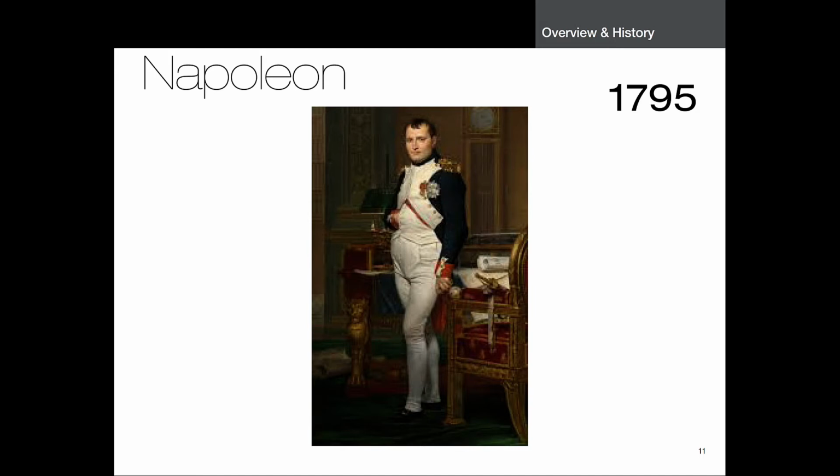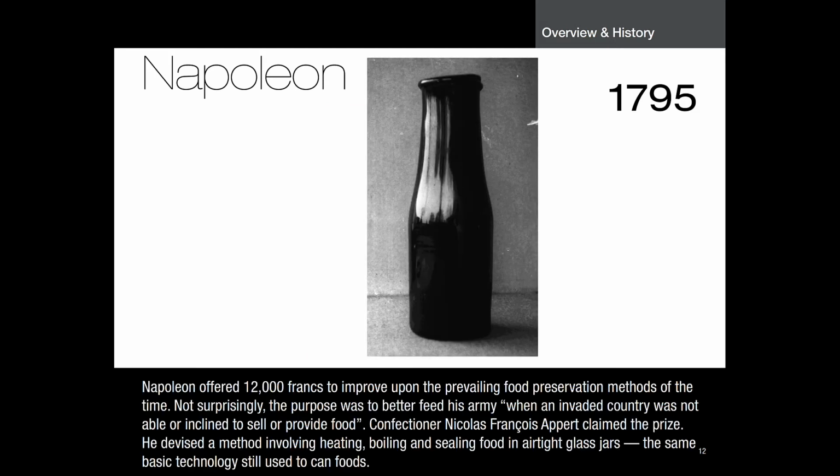Napoleon needed a way to feed his troops, and because the locals weren't going to help, he often had to ship food from France. He needed a way to safely transport food and keep it over a period of time. So Napoleon sponsored a competition.